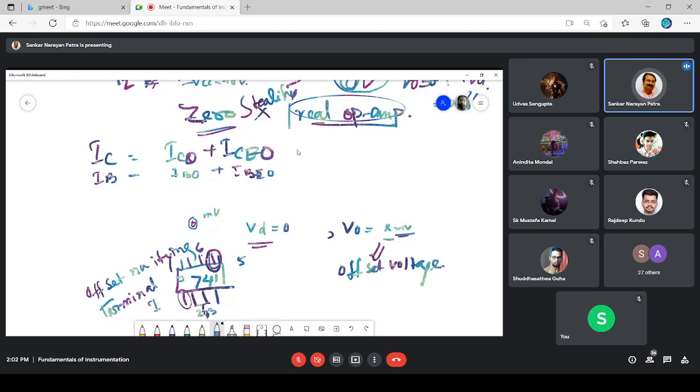So there is a need to develop another circuit which is called instrumentation amplifier, which has a very high common mode rejection ratio.